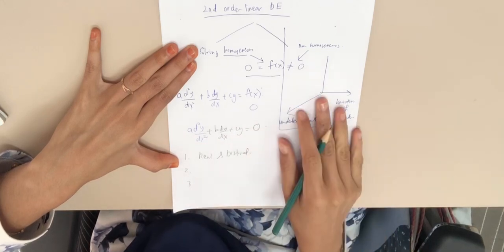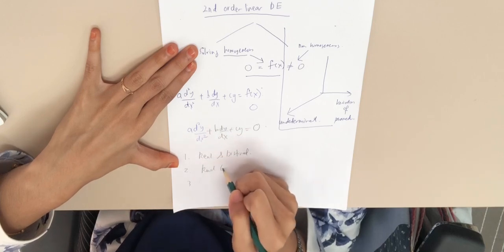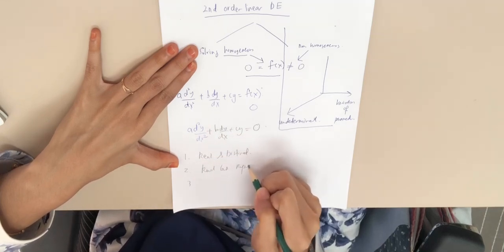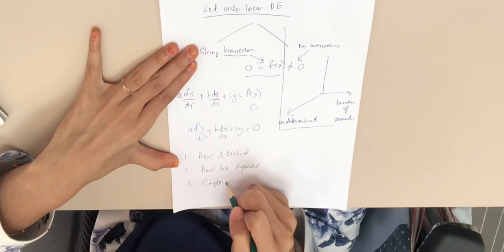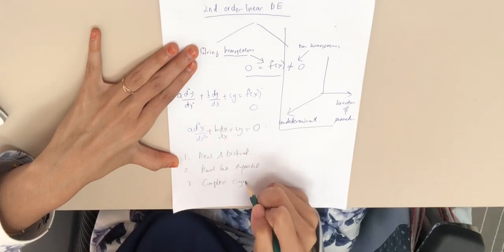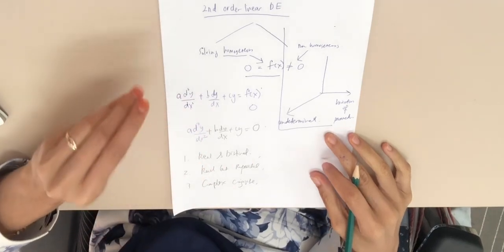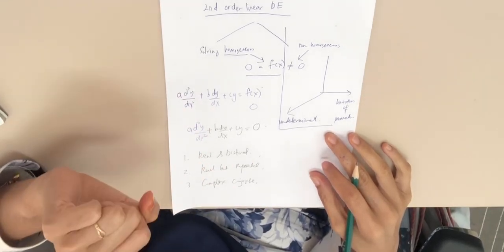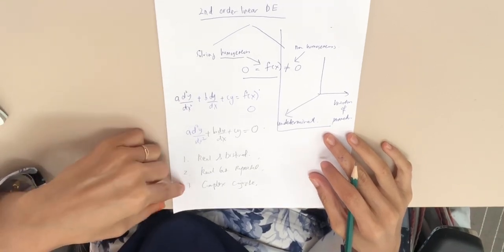The second one is real but repeated. And the third one is complex conjugate. So there are three conditions, or three cases of the characteristic equation that you have here.